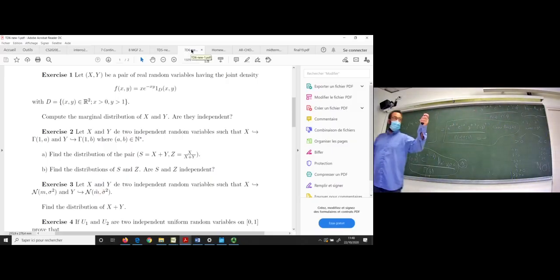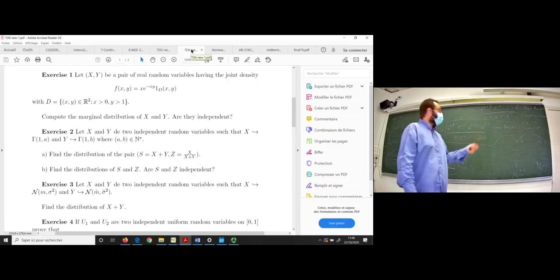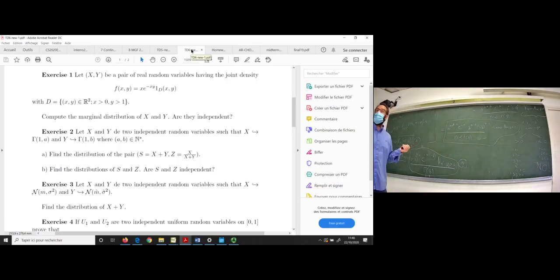And now, a priori, I have to find the distribution of the components. So, a priori, I need to compute the integral with respect to S and the integral with respect to Z. It's not what we are going to do, because, in fact, here I recognize someone. Not exactly, but not very far.